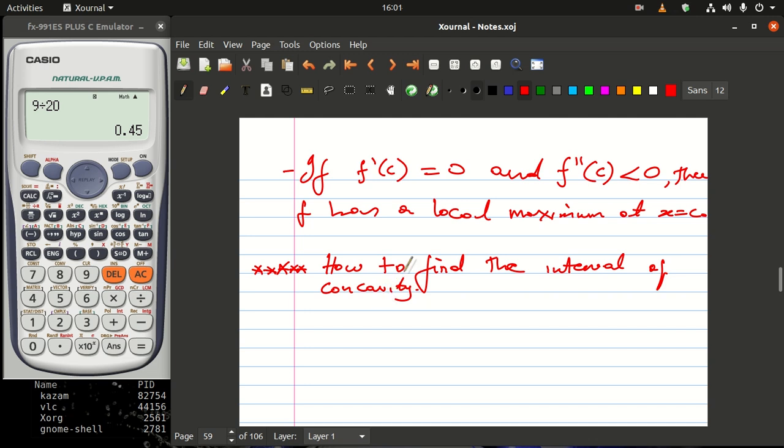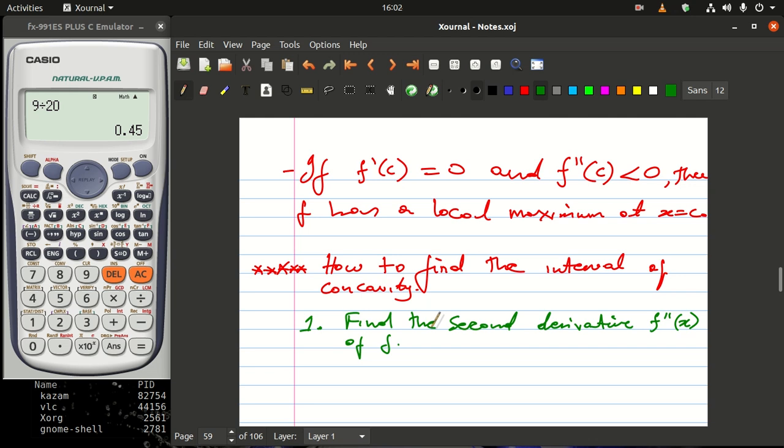There are a few steps, and I say there are 5. First thing is how to find that. I'm gonna write them in green. So the first thing that you need to do is very simple. Find the second derivative f double prime of x of f.